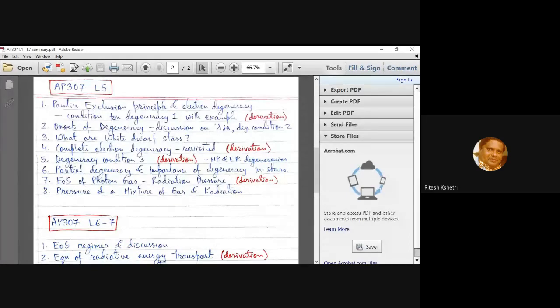After that, there was a very brief discussion on complete and partial degeneracy of electrons and the various important roles played by this degeneracy in stars.